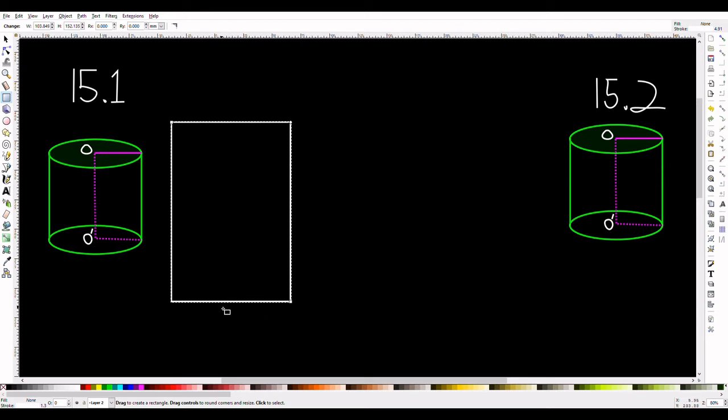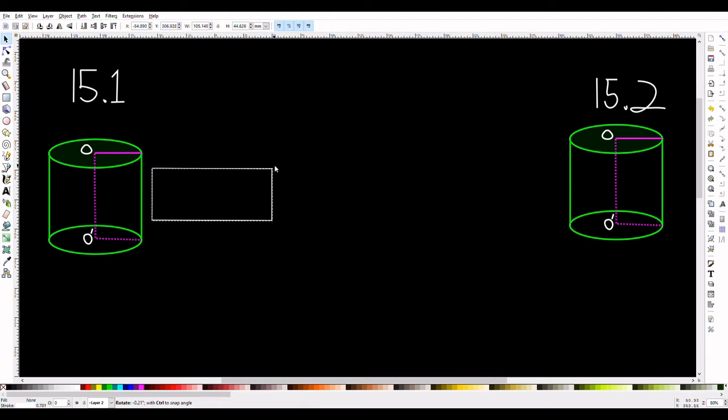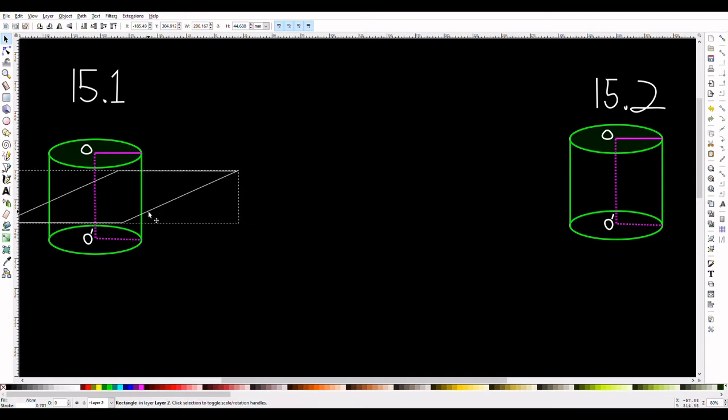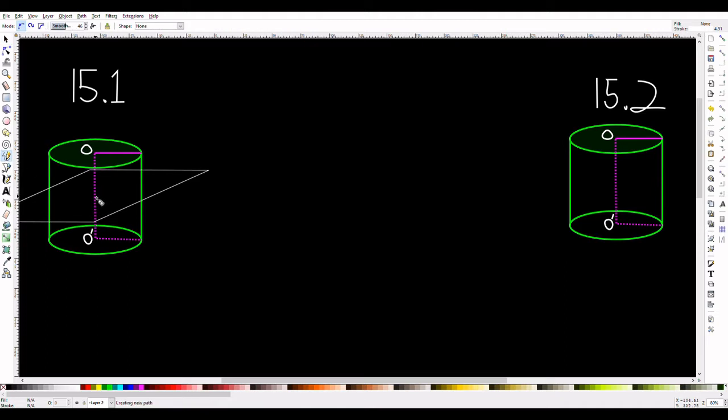So let me adjust this plane. It's perpendicular to the axis, meaning that this is a right angle. What's the question?